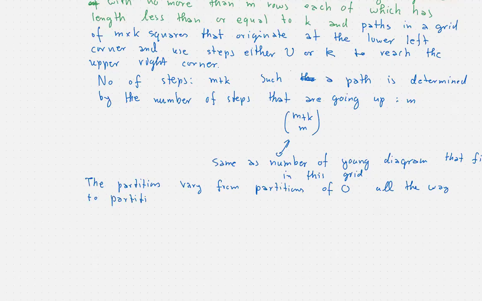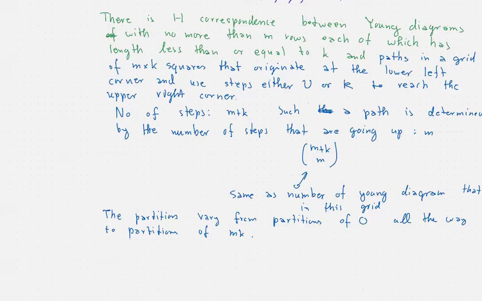So we can ask here for each number between these two numbers, 0 and mk, how many such partitions we get.